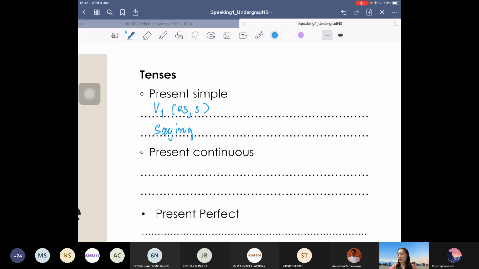about facts, or present normal situations that we don't want to specify further.